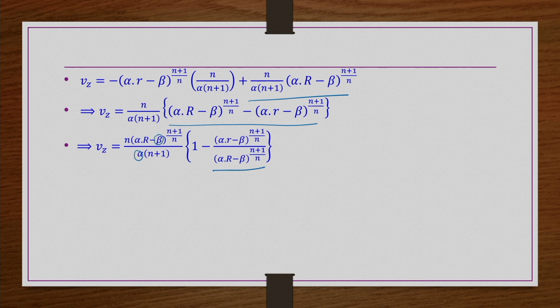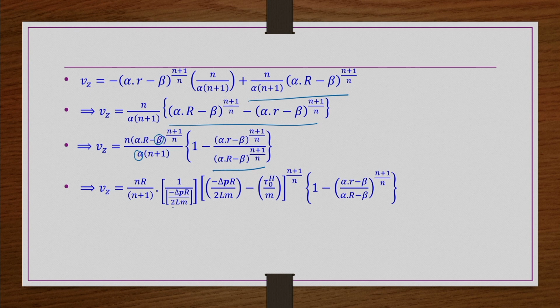In the next step, we write the corresponding expressions for alpha and beta. Alpha is nothing but minus delta P by 2Lm, and now I am multiplying by R and dividing by R, so that I have nR by n plus 1 multiplied by 1 by minus delta P R by 2Lm, which is nothing but this fraction.